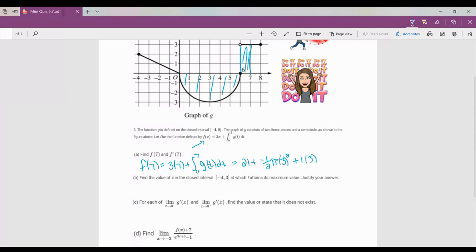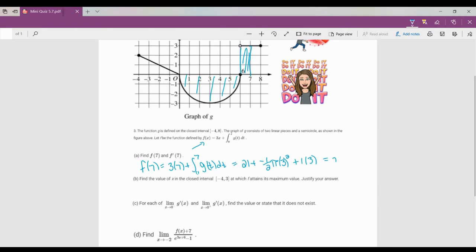So that is f of 7. Do I need to simplify it? No, I do not. But if you want to, you can. It would be 24 minus 9 over 2 pi. You don't have to simplify it though.